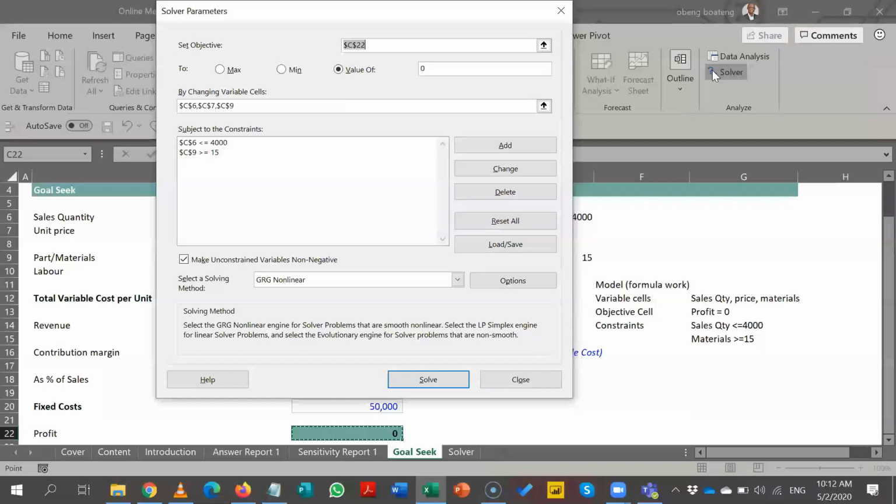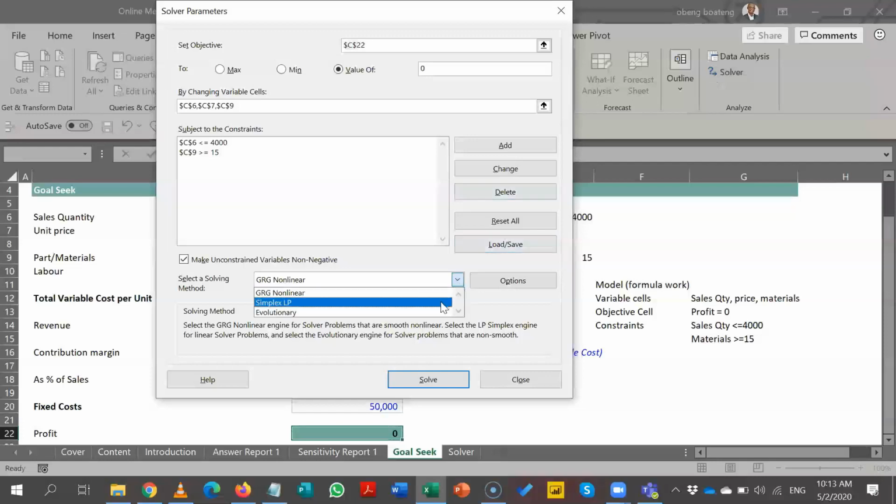So if you look at the make unconstrained variables non-negative, that is the non-negativity constraint that we usually do in linear programming, where you have to calculate and calculate, depending on the model, the approach you are using. And when you come to select the solving method, you see Ben has chosen the GRG non-linear. So this one, it's non-linear, but usually we have the simplex and the duplex.